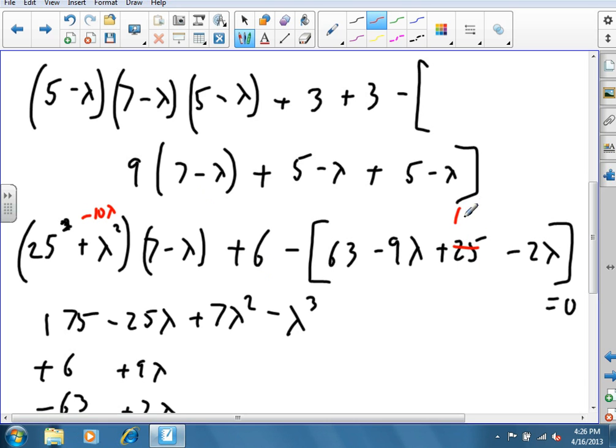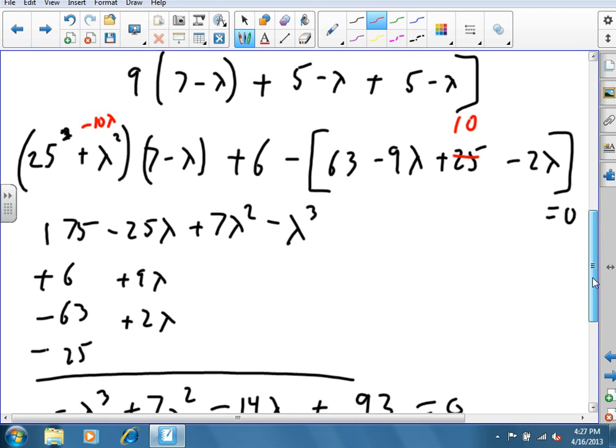You guys have to help me out here every now and then, you know. Especially if I don't get 5 plus 5 right. All right, so this becomes a minus 10. And I have a minus 70 lambda. And I've got a plus 10 lambda squared.